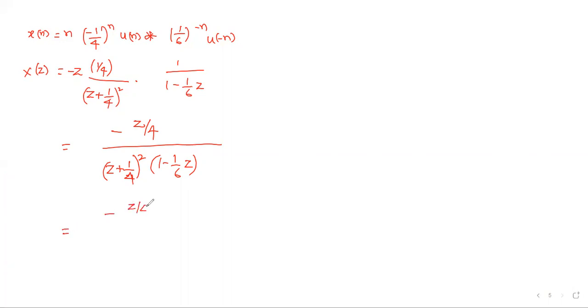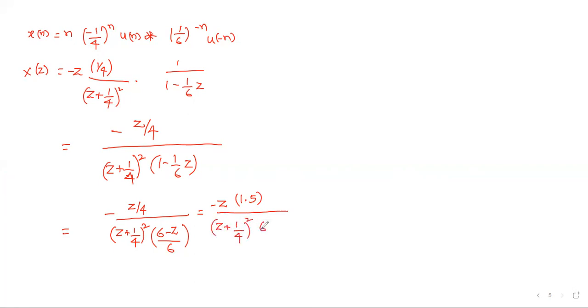Minus z by 4 divided by z plus 1 by 4 whole square. Here, in the numerator, if you take LCM, 6 minus z by 6. Here also you can take 4z plus 1, otherwise you can leave it like this, no problem. So minus z into, this will go to the numerator, 6 by 4. What is 6 by 4? That is 1.5. So 1.5 divided by z plus 1 by 4 whole square into 6 minus z.